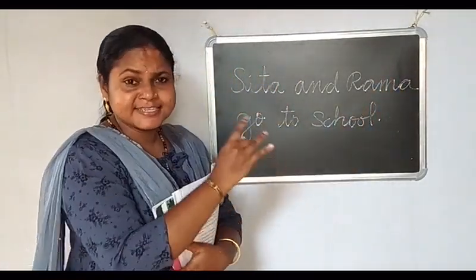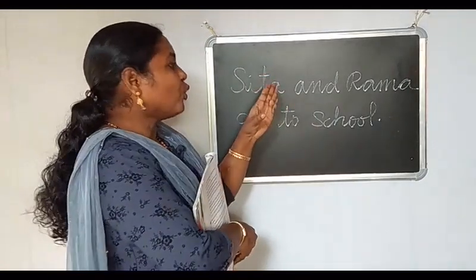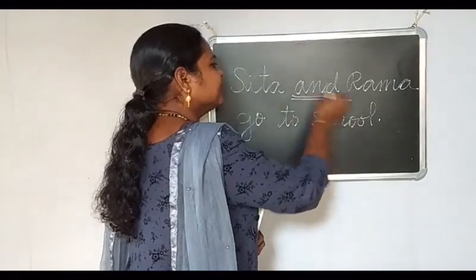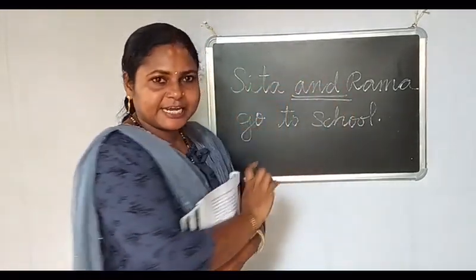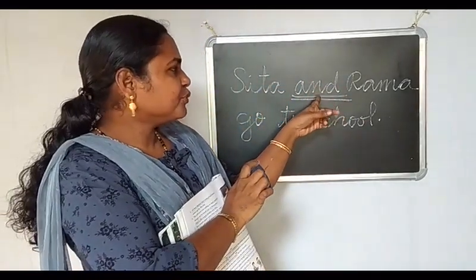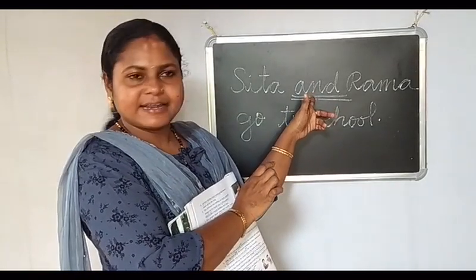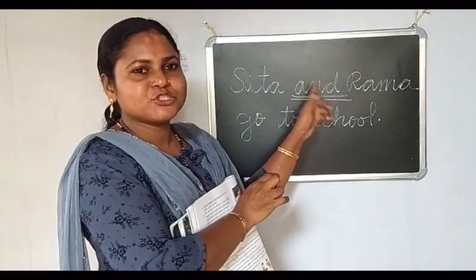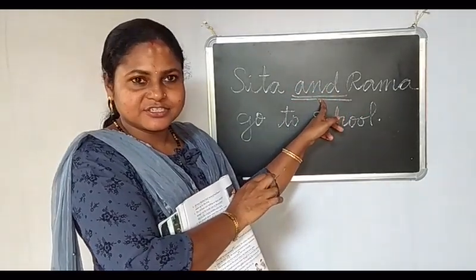Okay, Sita and Rama go to school. So we add here two names together using this conjunction and. We joined these two names using the conjunction and.